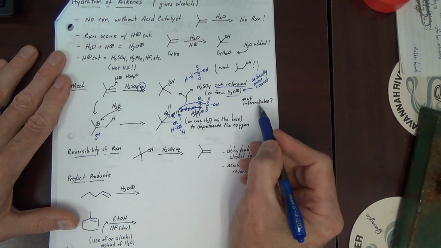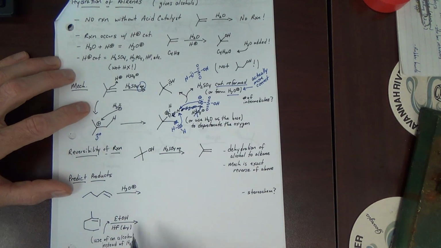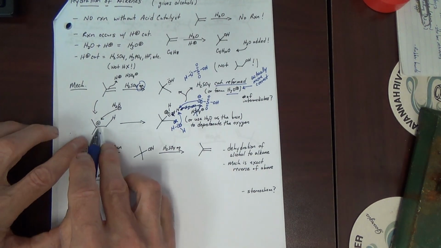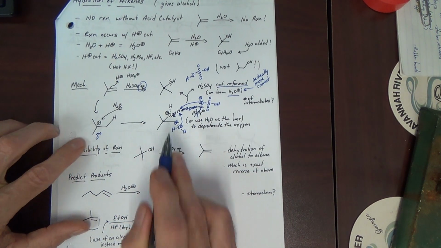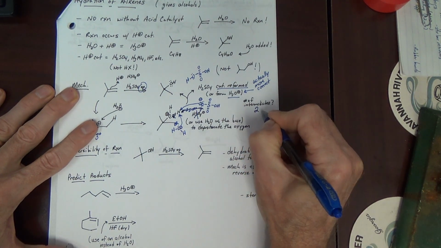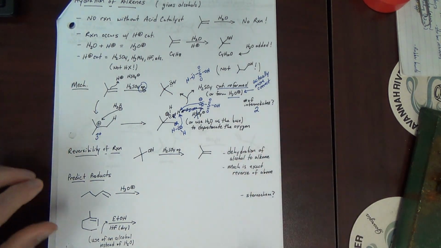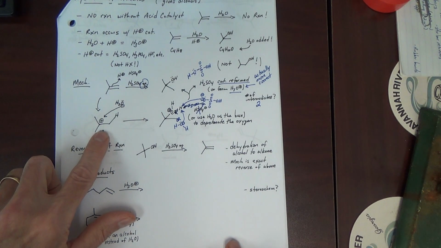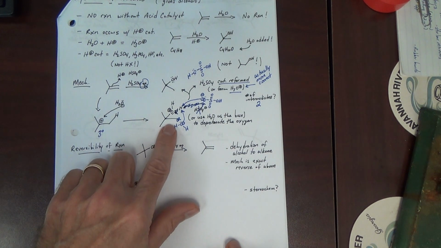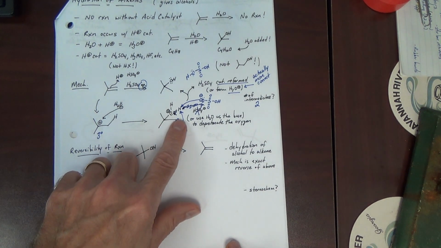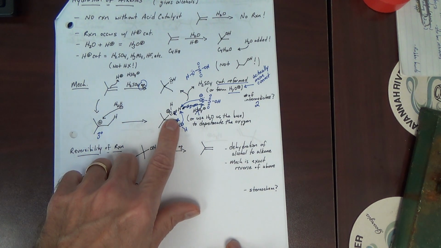How many intermediates in this reaction? 1, 2. 2 intermediates. We have the carbocation, and then we have the protonated oxygen. It's really a protonated alcohol.